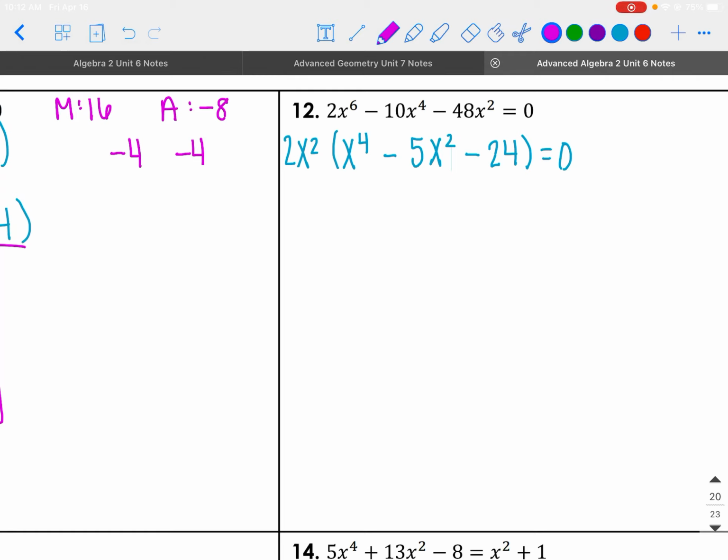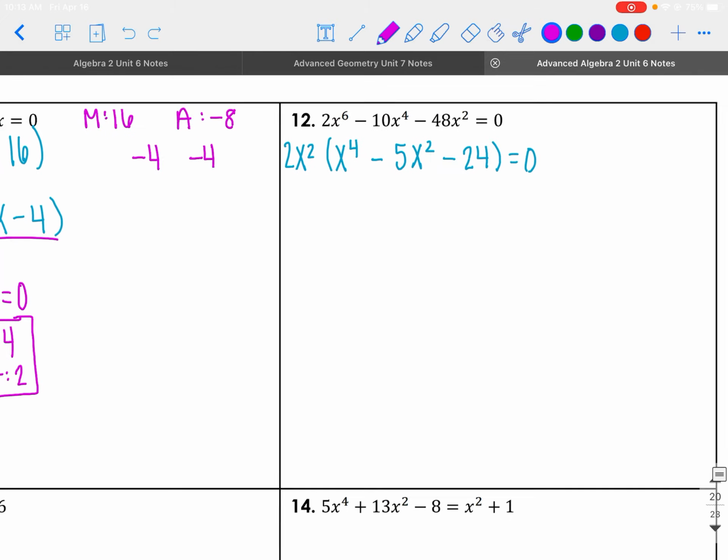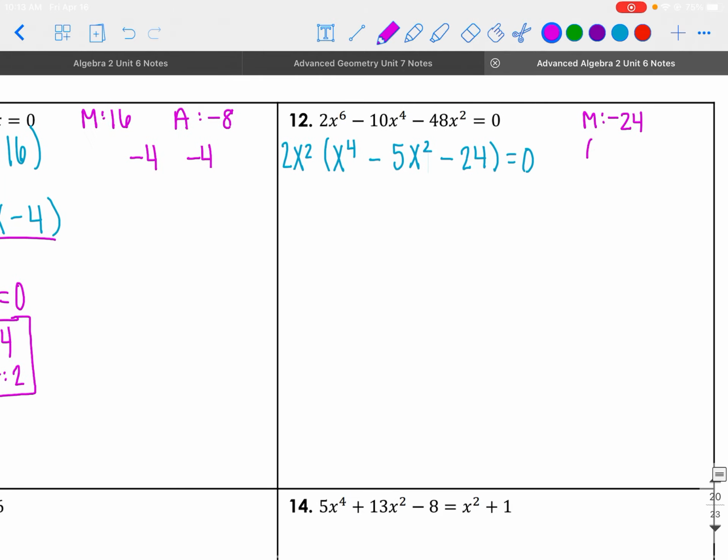And remember, we've done a few examples where we have a trinomial that's x to the 4th and then x squared. Remember, the only difference is instead of writing like x plus 2, we would write x squared plus 2. So we want two numbers that multiply to be negative 24, but add to be negative 5. Think about those two numbers. Try to figure those out here.